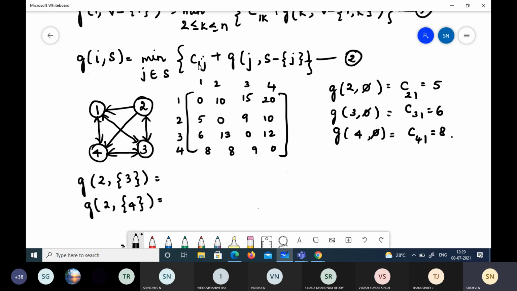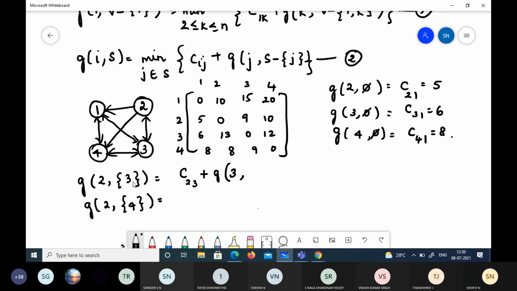So what is this? C of ij. This is nothing but C of 2, 3, plus G of j, where j is 3, comma S minus j. So what is there in S?